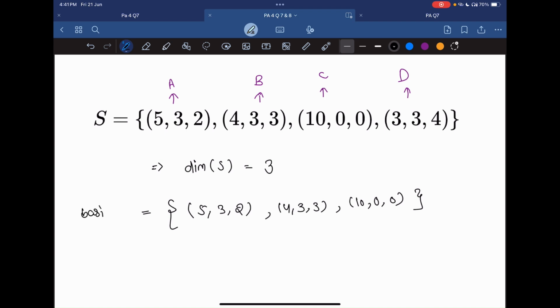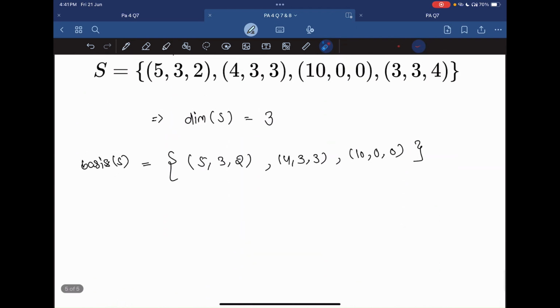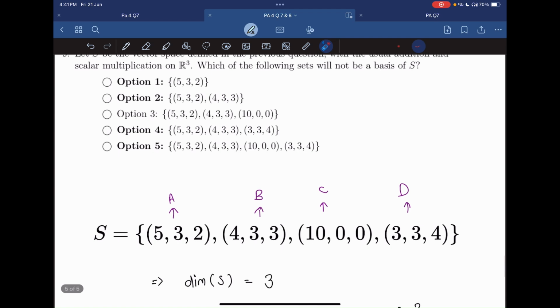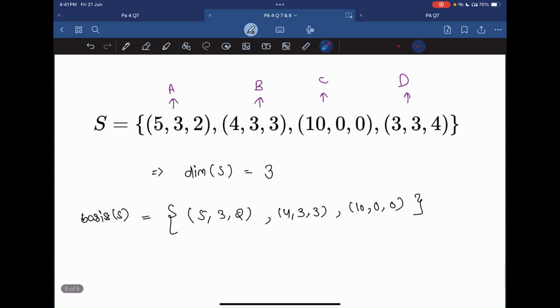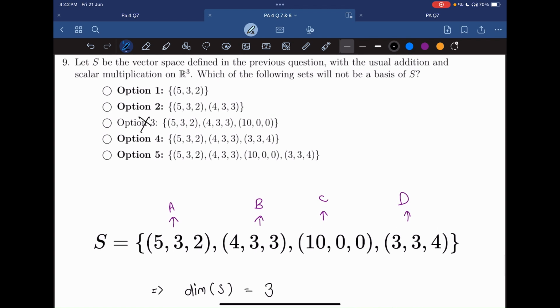So that's what is there in option 3. So clearly option 3 is the wrong answer. Now option 1 and 2, as they contain only one vector in option 1, and only two vectors in option 2, we can directly say that these are wrong options, as the dimension of S is 3.